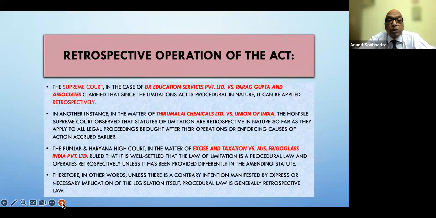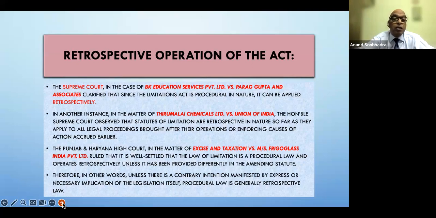The Honorable Apex Court, in the case of BK Education Services Private Limited versus Parag Gupta and Associates, clarified that since the Limitation Act is procedural in nature, it can be applied retrospectively.